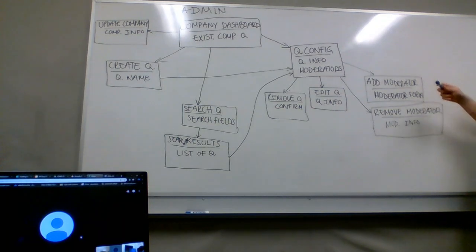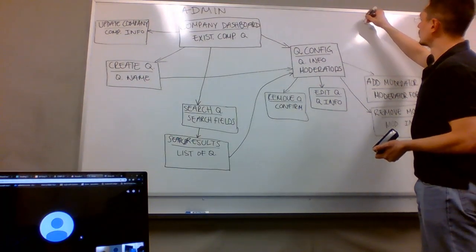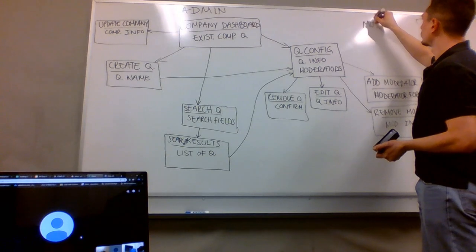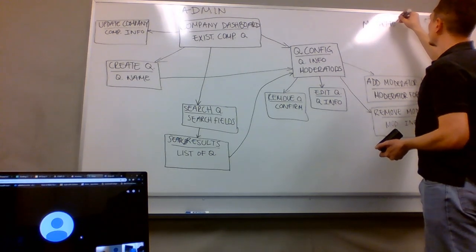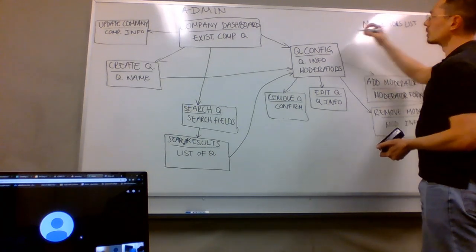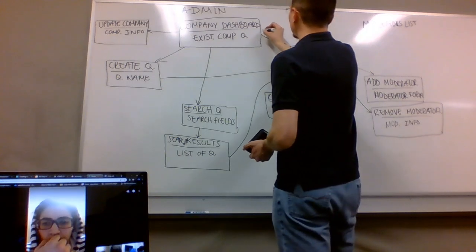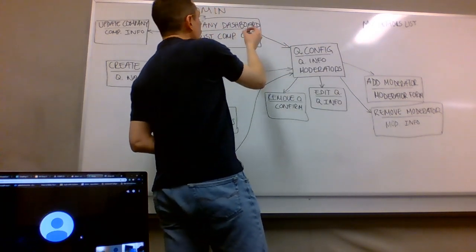It's like a master list. A company can create a list of moderators as a master list, and then during queue configuration they can choose from the list. So it's a list that may come from the main dashboard. Am I right? Yeah.